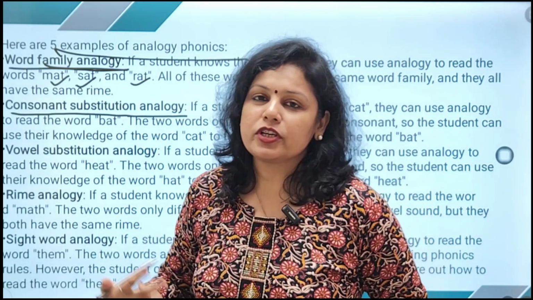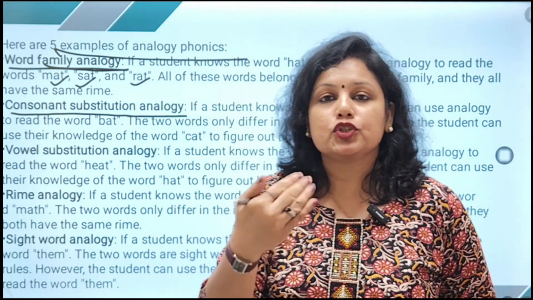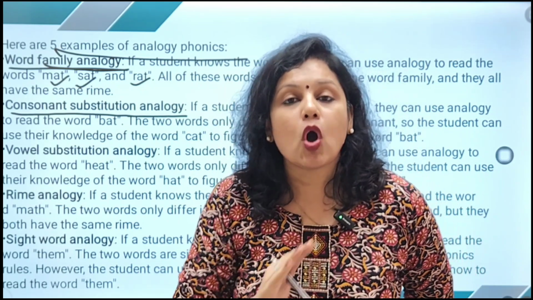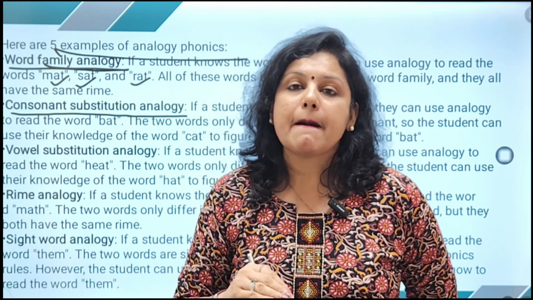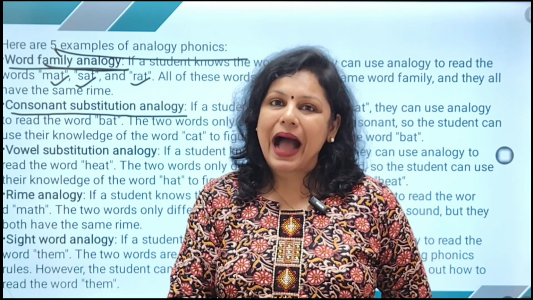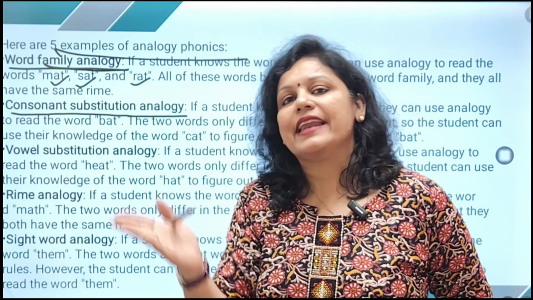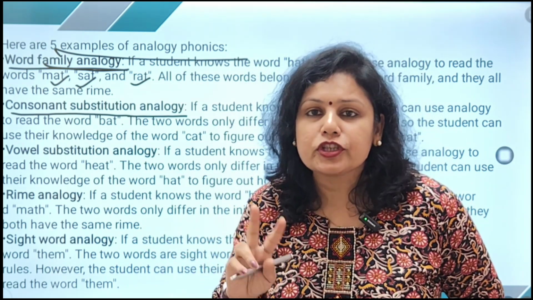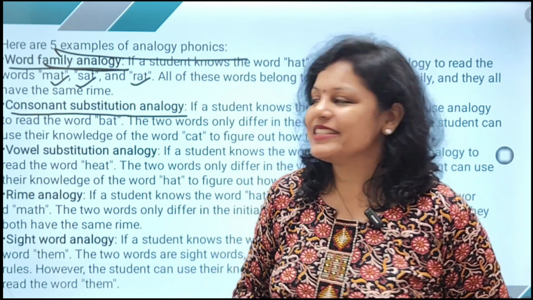Now consonant substitution means you have a word bat and the child is expected to remove the consonant b and keep the other consonant here. That is bat, mat. So the first consonant or the ending consonant needs to be substituted with some other consonant, and that is how it is performed.